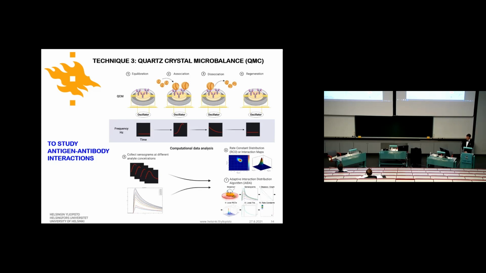And with this frequency change information, we can then also calculate interaction information. In this thesis, we utilized a tool called rate constant distribution calculations or interaction maps. But we have also developed better tools later.